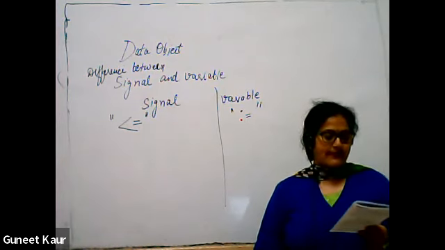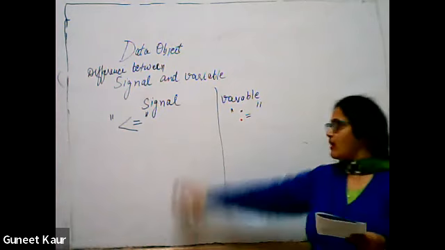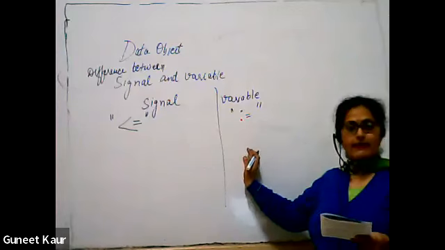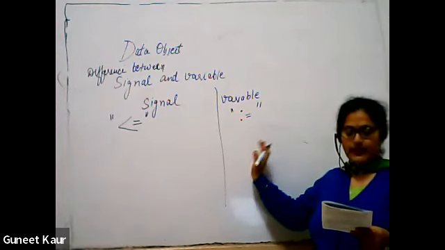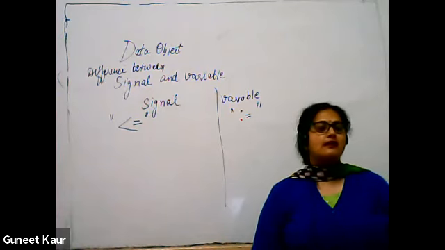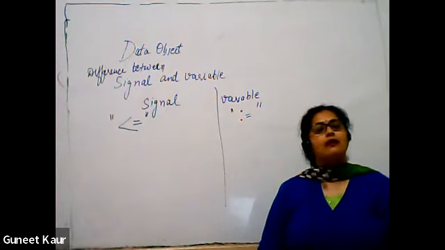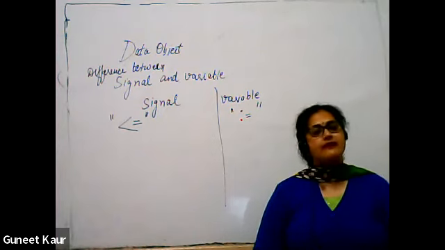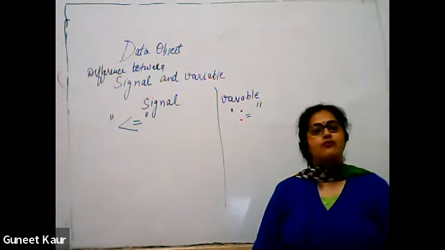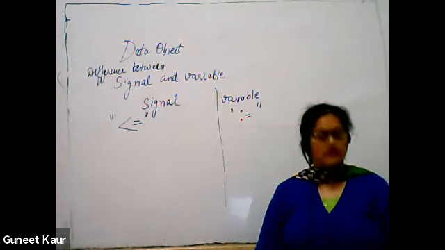Now next part is signal may be of any data type, but a variable can be of scalar or aggregate data type. These scalar and aggregate data types are the data types used in VHDL, which I will discuss in the further concept, various data types used in VHDL.